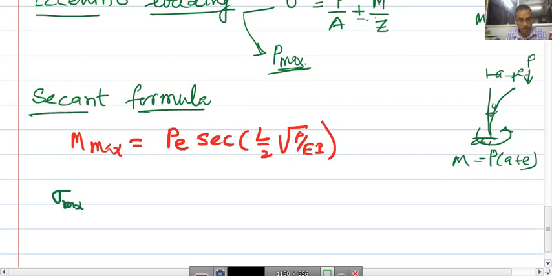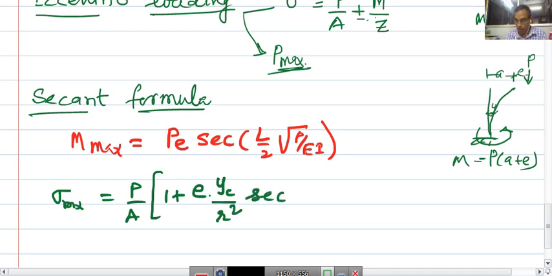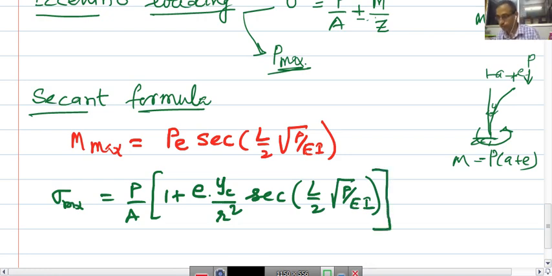sigma max is equal to P by A of 1 plus e into yc, the extreme fiber distance, by r square, the radius of gyration, into secant of L by 2 root over P by EI. Okay, so this is the maximum stress.